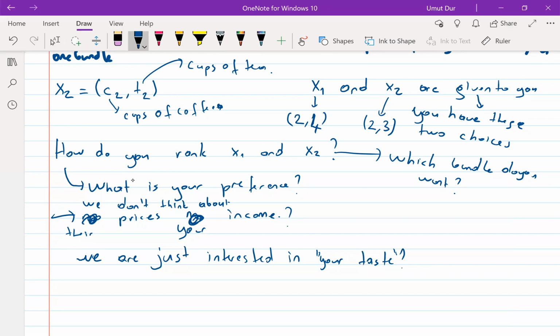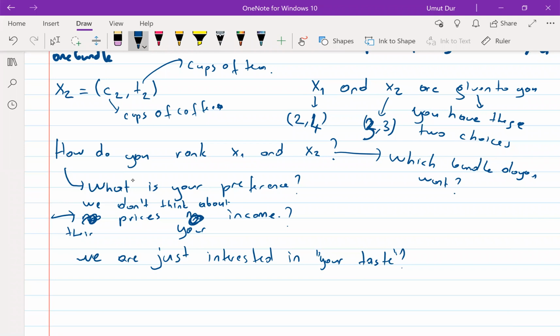This is 2 and 4, this is 3 and 3. Which bundle would you prefer? X1 or X2? Just write it down. Just two people are responding.